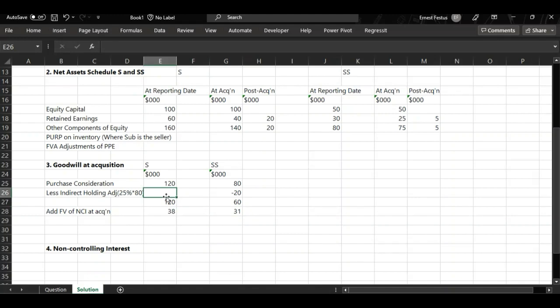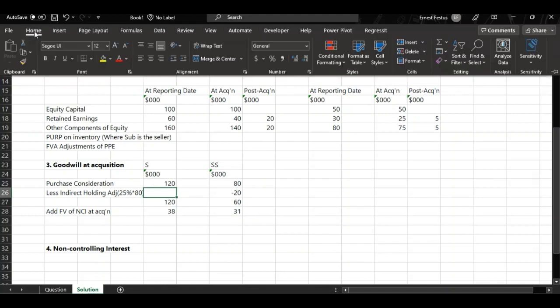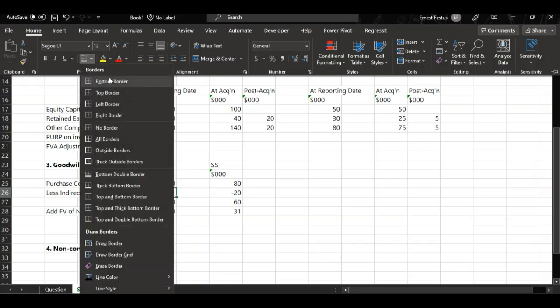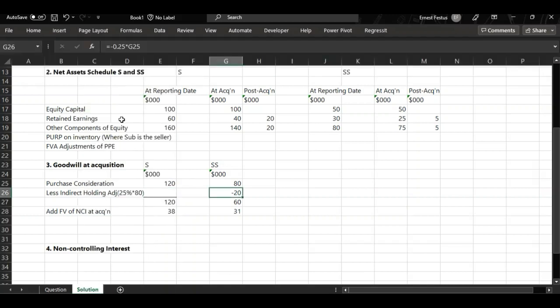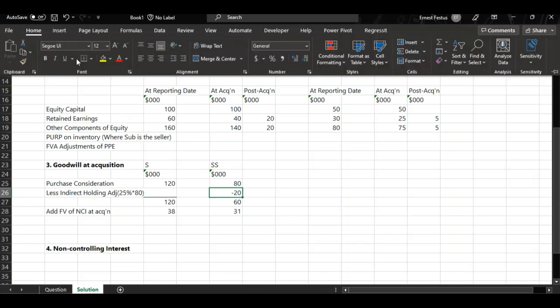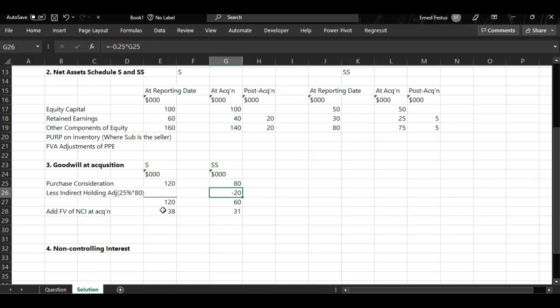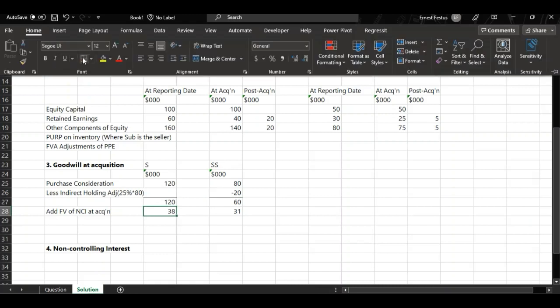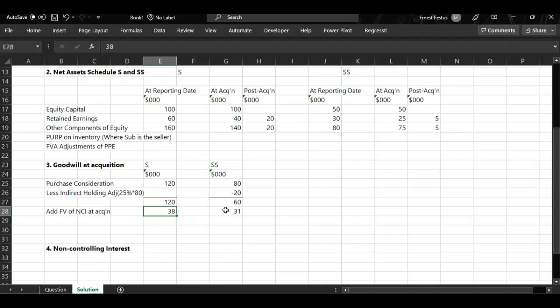I think I have to insert some borders to make it clearer. Come here, insert the border, and insert another border here.